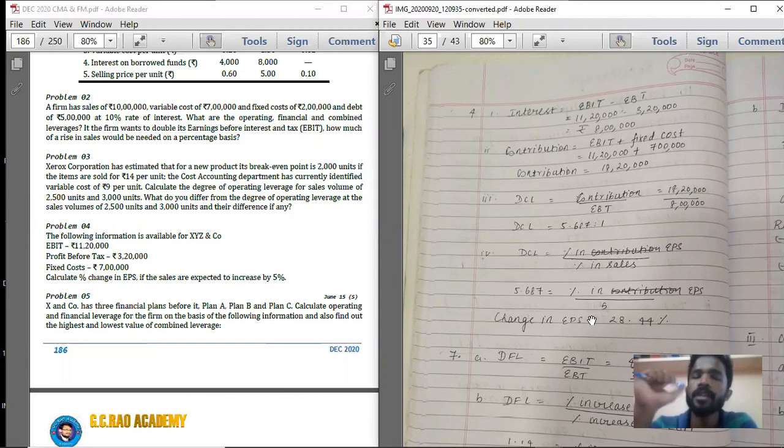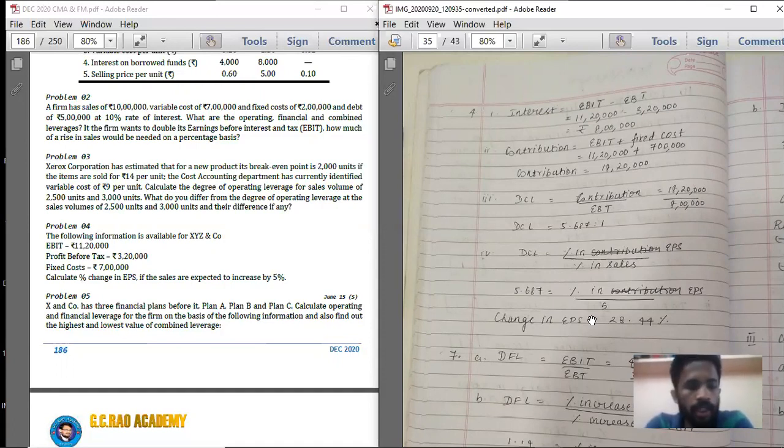So EBIT minus EBT is equal to 11,20,000 minus 3,20,000. Just calculate 11,20,000 minus 3,20,000, that is equal to 8 lakhs. So the interest amount is 8 lakhs.